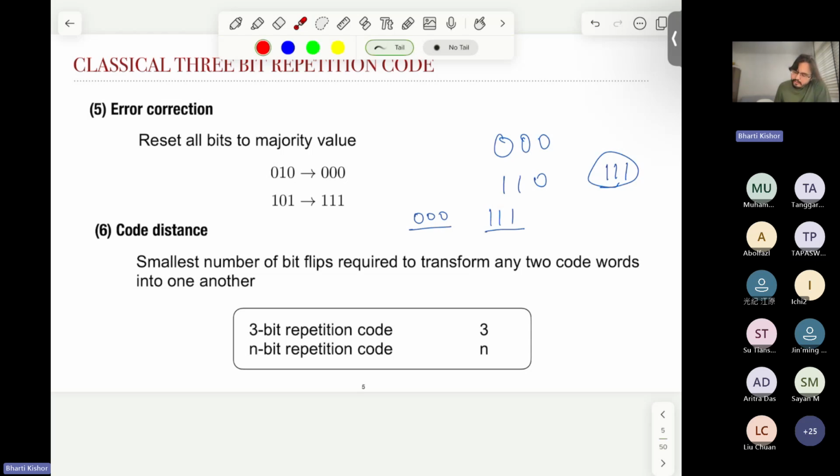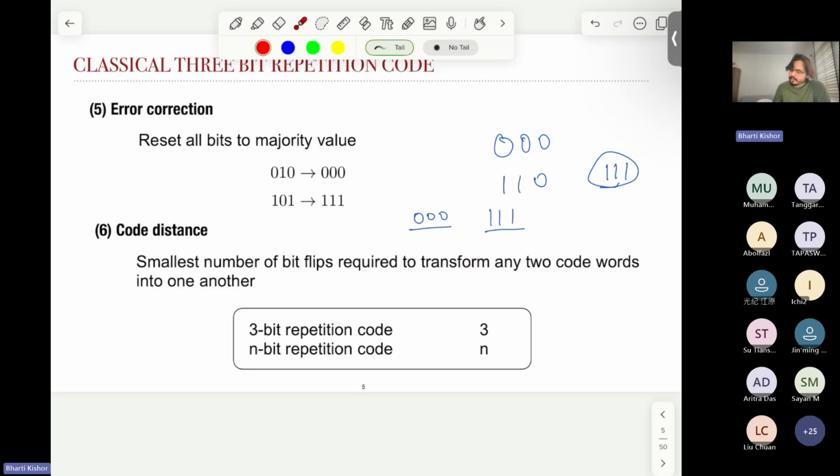What captures the total number of bit flips that can happen while you can still do error detection or error correction is an object called the code distance. Code distance is the smallest number of bit flips required to transform any two code words into one another.